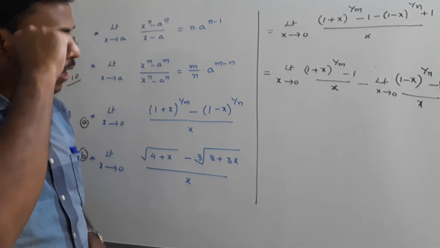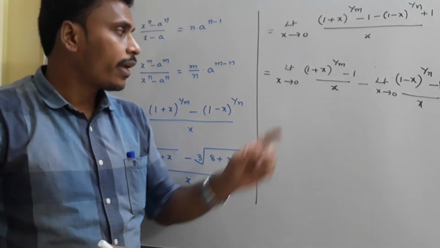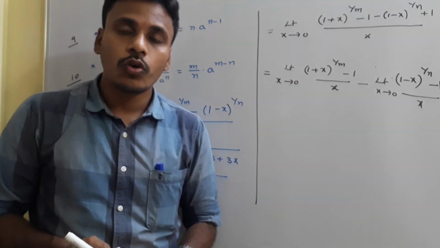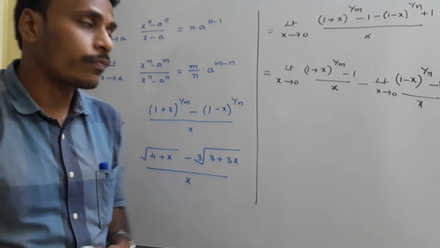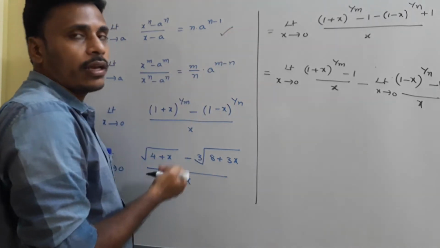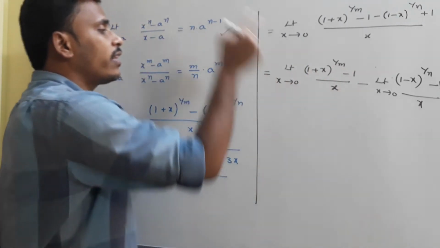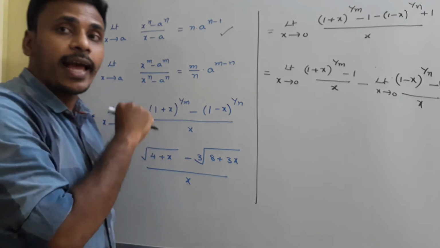And the next step is, x is tending to 0. If x is tending to 0, 1 plus x tends to what? I am going to utilize the first formula again. To use this first formula, I need to make it in that format, and for that I am searching.